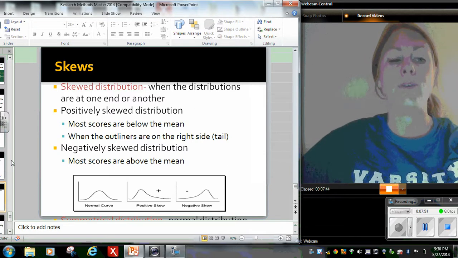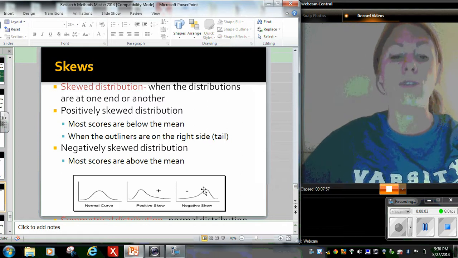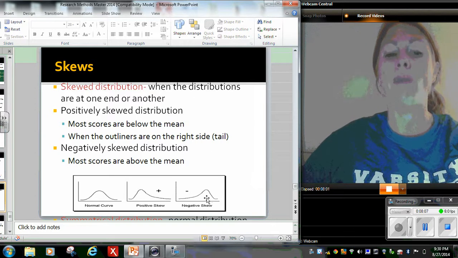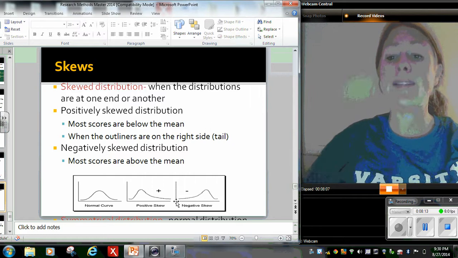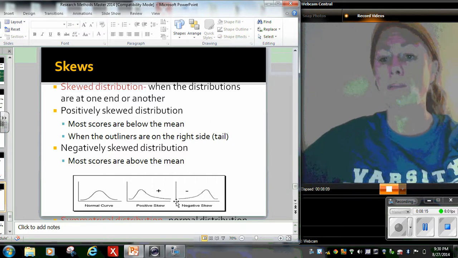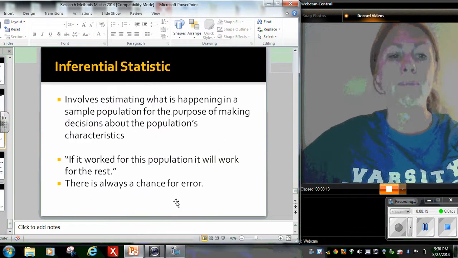Positively skewed distribution is most scores are below the mean, where you have a few outliers on the right side, which is known as the tail. Negatively skewed is where most scores are above the mean, and then you have a couple skewed below the mean. Okay, so maybe jot this down, maybe draw the picture, the difference between positively and negatively.